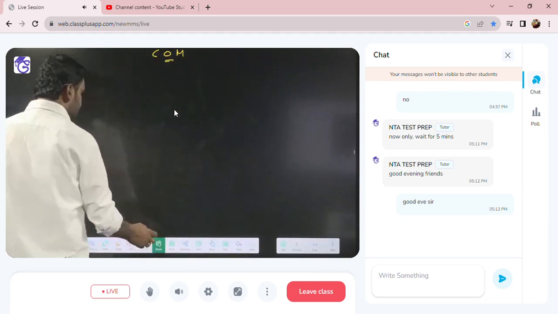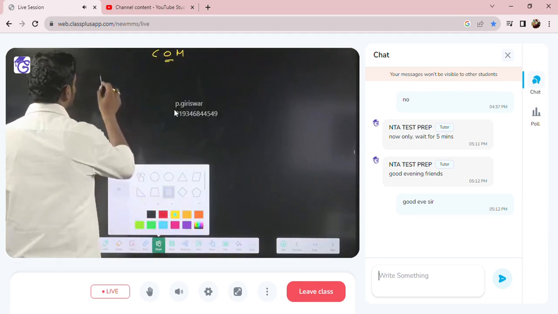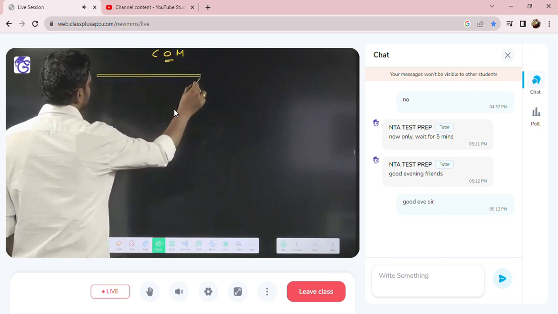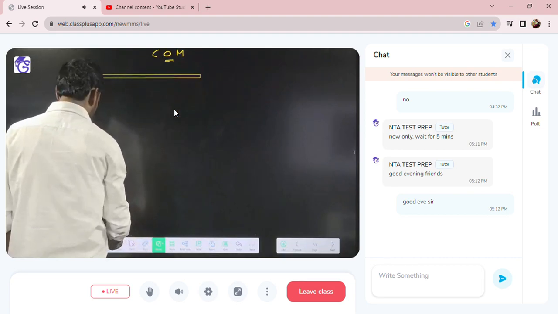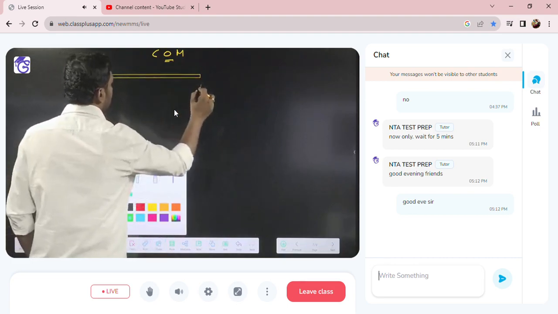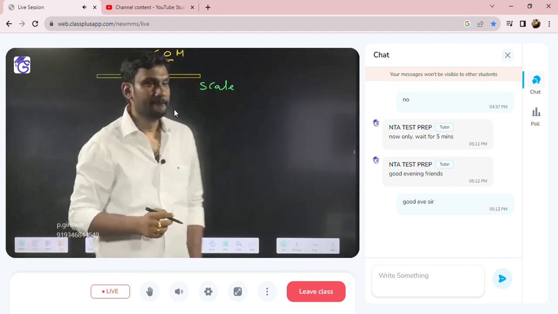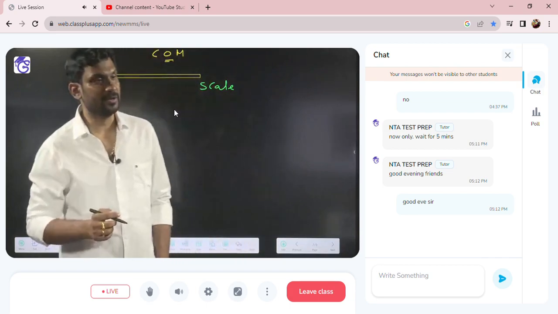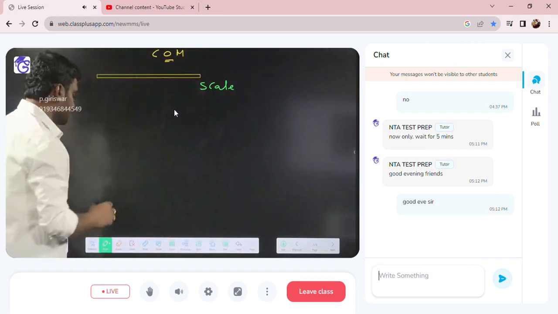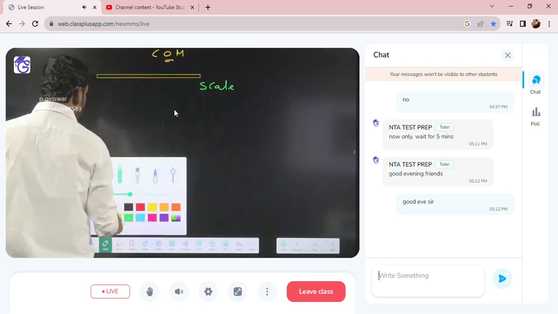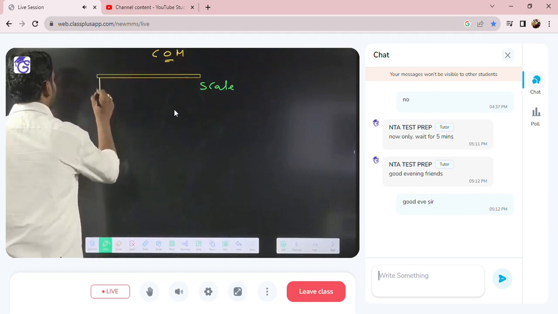For that, I'll take a scale. So let us say this is a scale. And if I take this scale, there are 3 different locations in which I will apply forces. See them, in which location I am applying forces. The first location, I will apply force at this point.